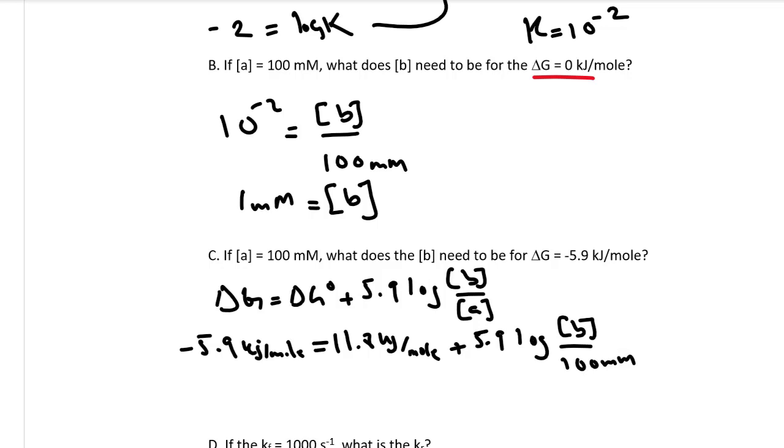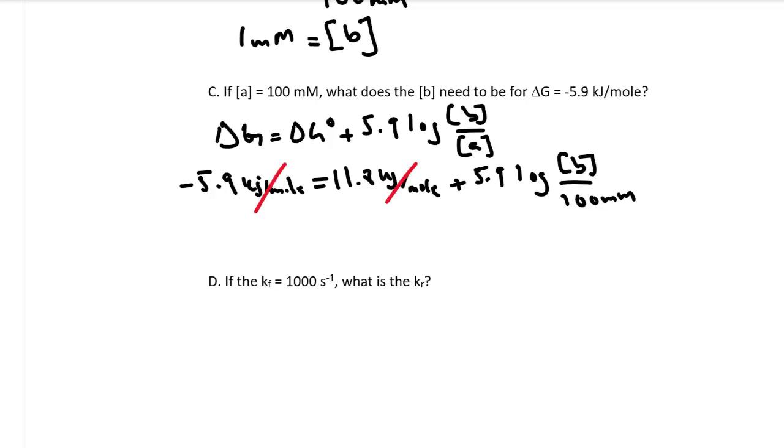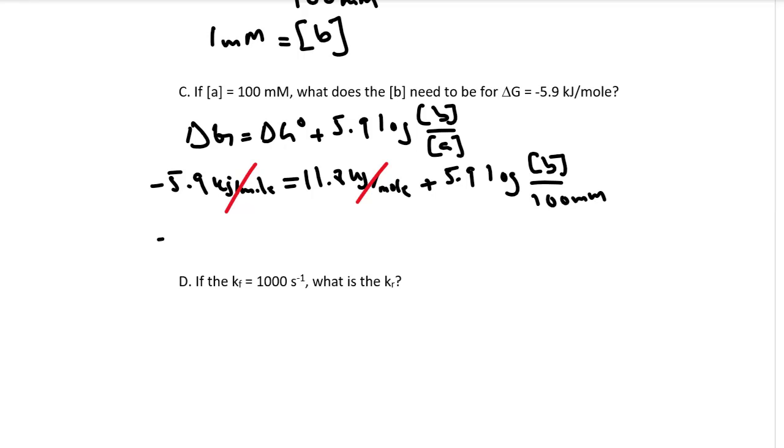Again, remembering that this part right here is also kilojoules per mole, the units simply cancel out, so we don't need to worry about that anymore, and it makes it easier for us to write everything down. First, we subtract 11.8 from both sides. So we have negative 5.9 minus 11.8 equals 5.9 log of B over 100 millimolar.